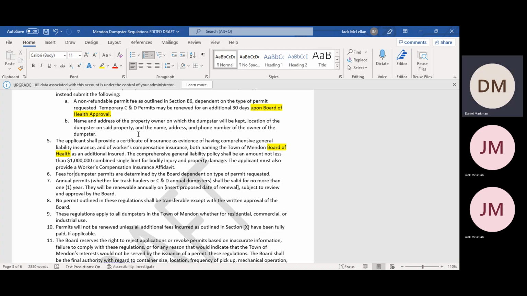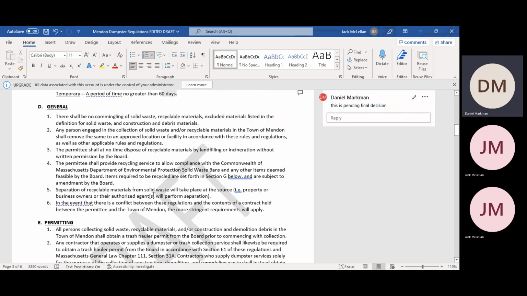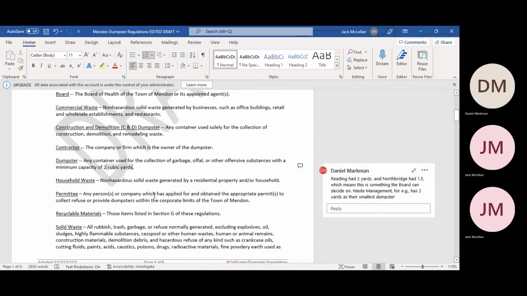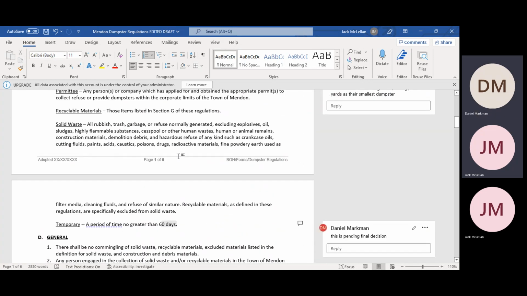Just really quick, under definitions for C&D dumpster. Oh, never mind, it doesn't specify. Where did we originally indicate 60 days? Oh, temporary. Right, up in temporary C&D up above on 4.